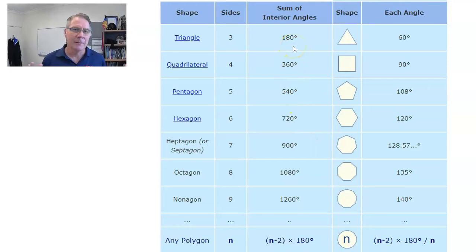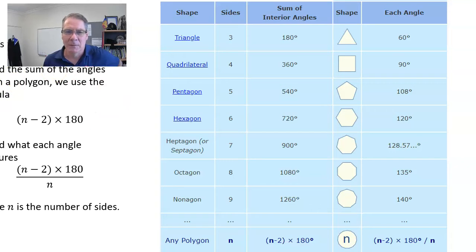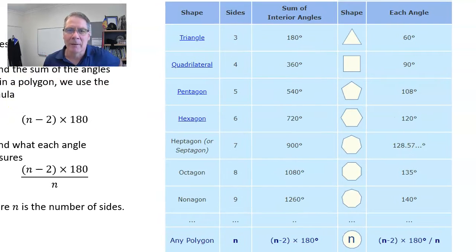God designs everything so well, and mathematicians just find it out and try and classify things. But there is a rule. So it seems to be 3 sides, 1 times 180; 4 sides, 2 times 180; 5 sides, 3 times 180, and so on. So what is the rule there?